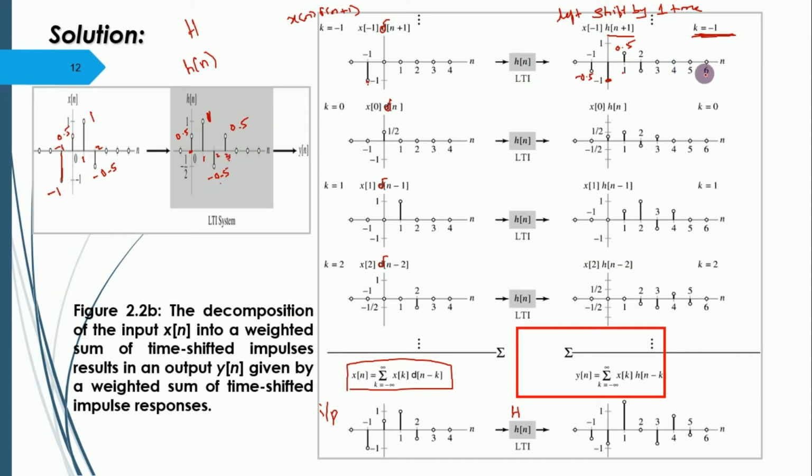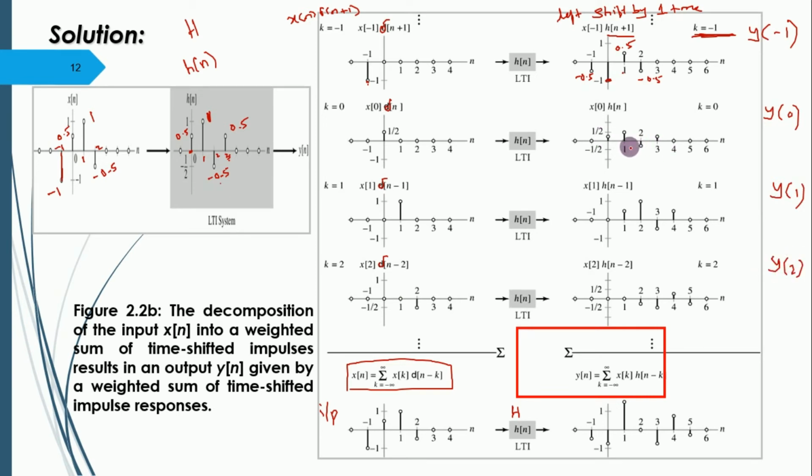Whatever I'm having at 3 will come at 2. Amplitude is 0.5, and 0.5 into minus 1 will result in minus 0.5. This is minus 0.5, I am having at 2. So this is the first signal. We normally call it y of minus 1. This is y of 0, this is y of 1, this is y of 2.